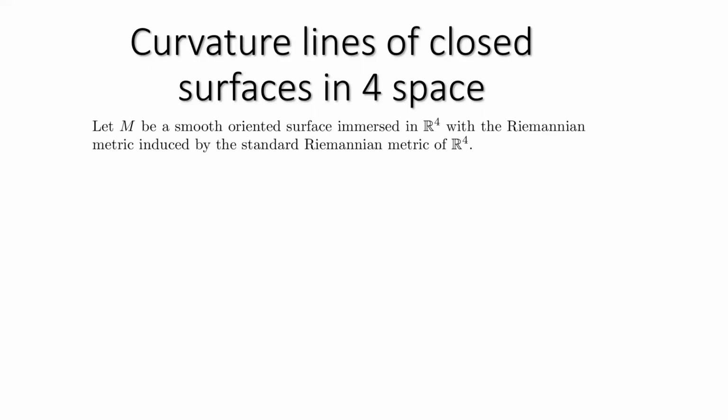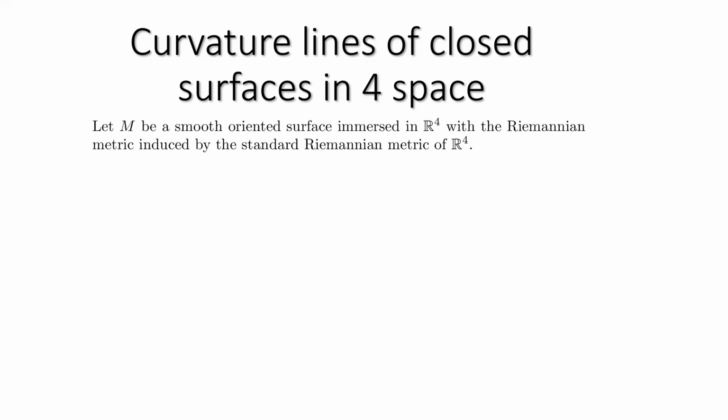The goal is to find a family of compact surfaces of any genus in R4, provided with curvature lines in R4, and then realize them with an embedding in R3 with the curvature lines, and then reach the goal of the global analytic description of that.